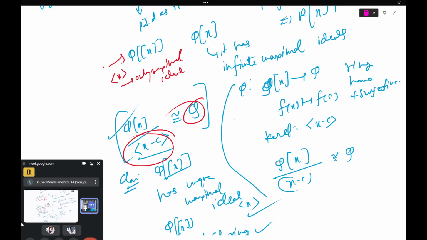Q[X] modulo the ideal generated by X minus c is isomorphic to Q, right? Now Q is a field, correct? Since the quotient is a field, the ideal has to be a maximal ideal, right? So X minus c is a maximal ideal for any c. So that's why there are infinitely many maximal ideals. Okay.